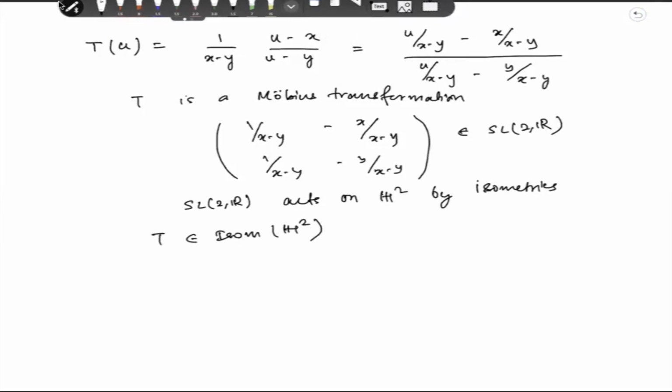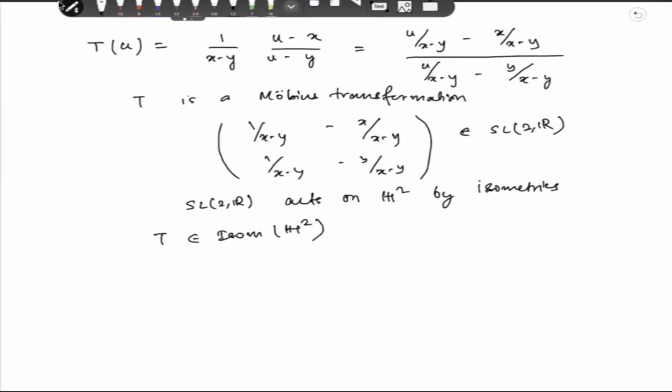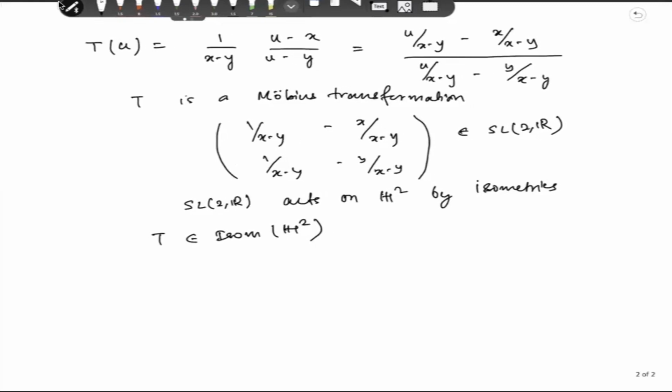Also note that if I take T of the semicircle, T sends the semicircle to the imaginary axis.